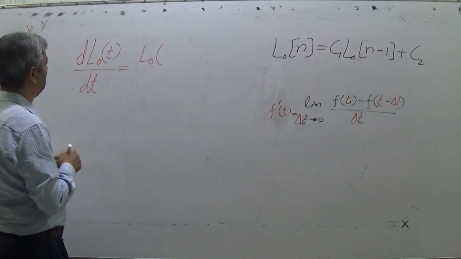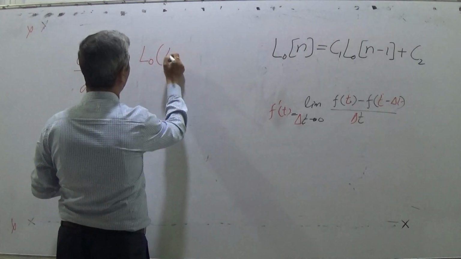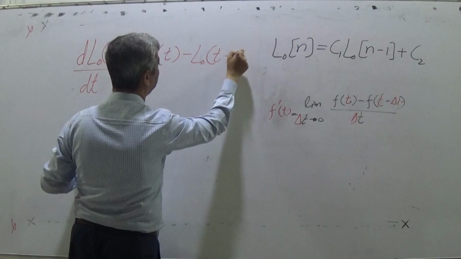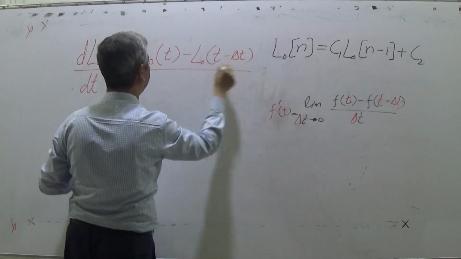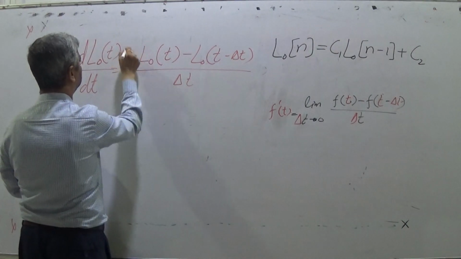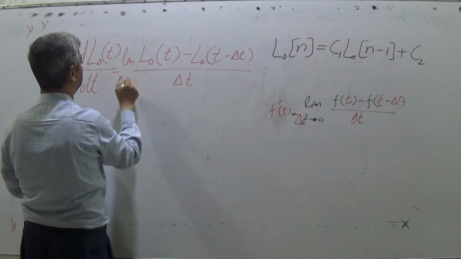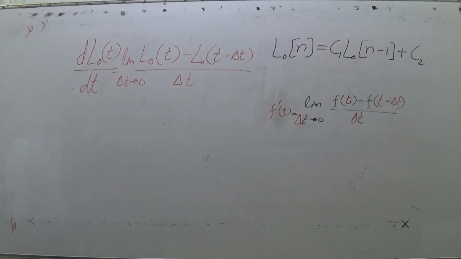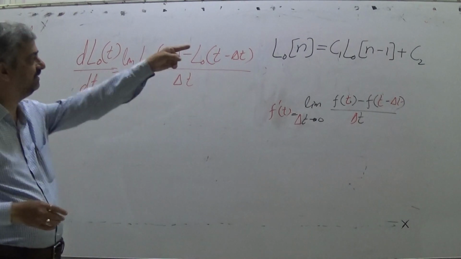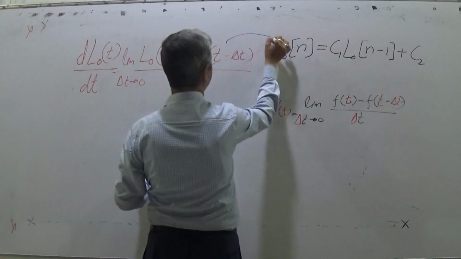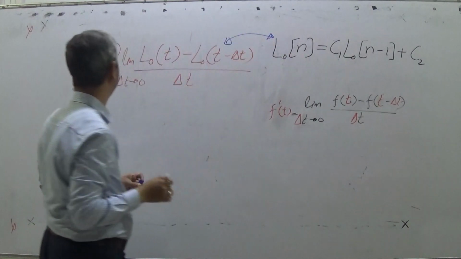So dLOt by dt is LOt minus LO of t minus delta T upon delta T, as limit delta T tends to 0. Now you can interrelate these two expressions very nicely.